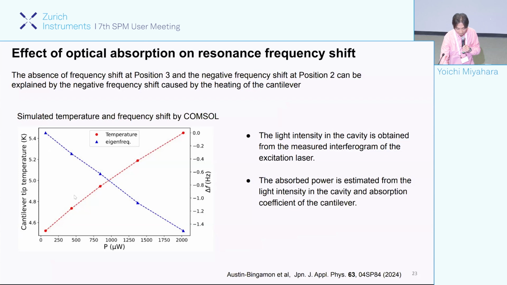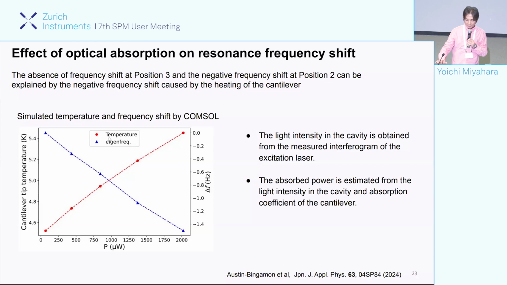This red line is basically the temperature. So the temperature actually increased about 0.8 Kelvin from zero power to 2 milliwatt power.